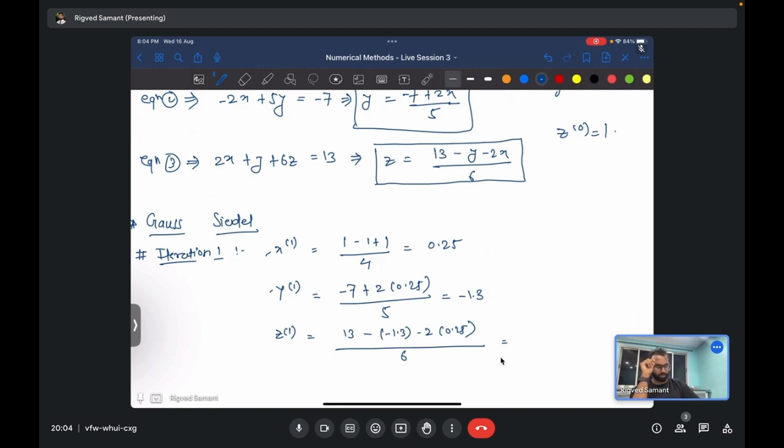You will get 2.3. This is after the first iteration. If you go into this and try to find the value of x, y, z, your actual values are x is equal to 1, y is equal to minus 1, z is equal to 2.